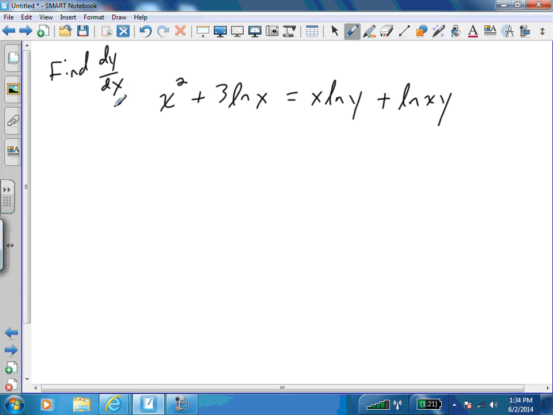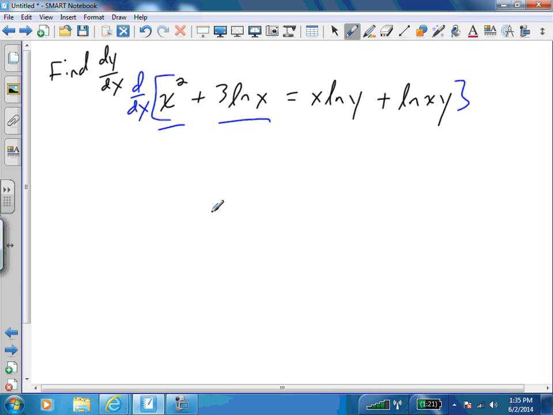So when we take our derivative, what are we taking our derivative with respect to? X. Yeah. That dx on bottom, that tells us that's what we're using to take our derivative. So both sides, we're taking the derivative with respect to x. Now the left side is not that bad. It's fairly straightforward. We have two terms on the left side.